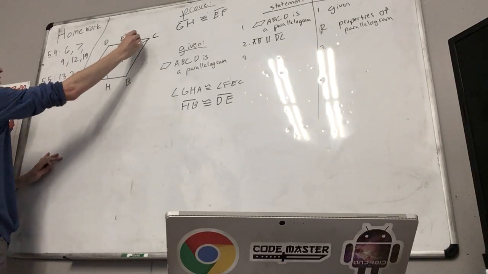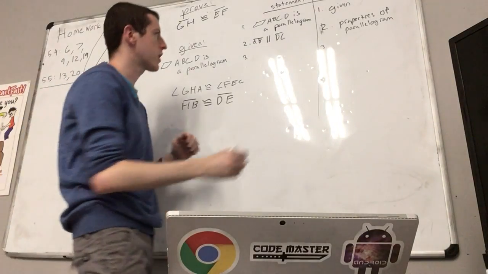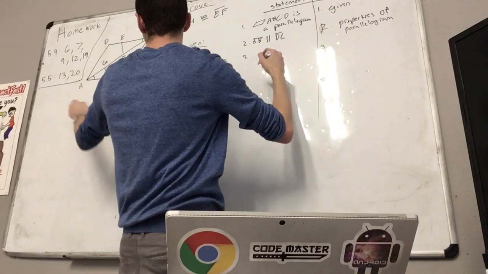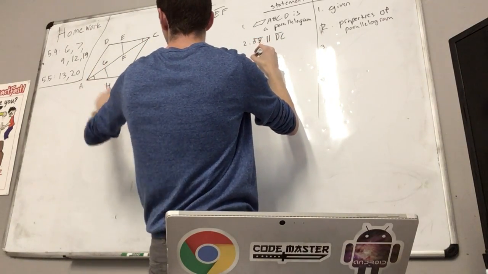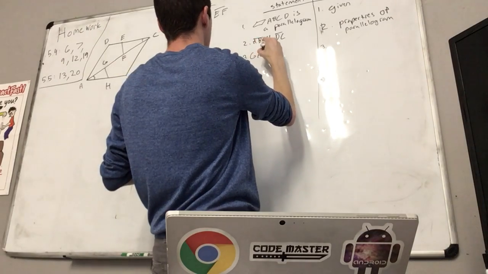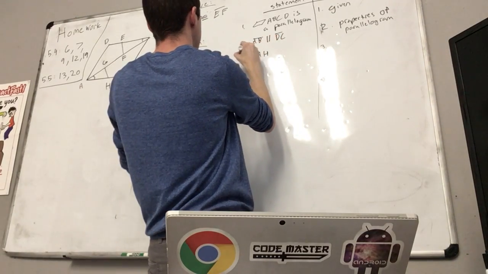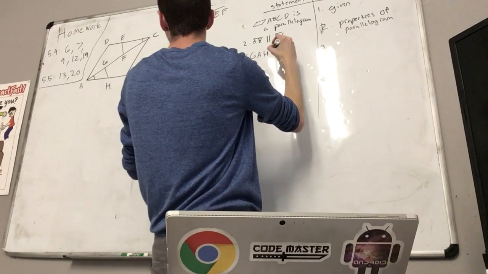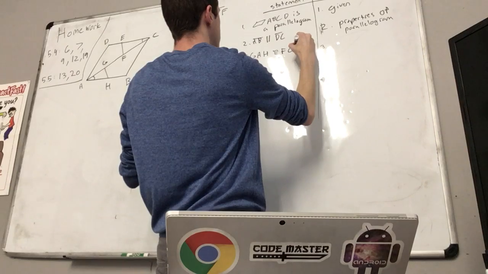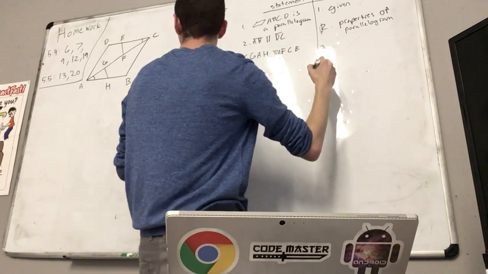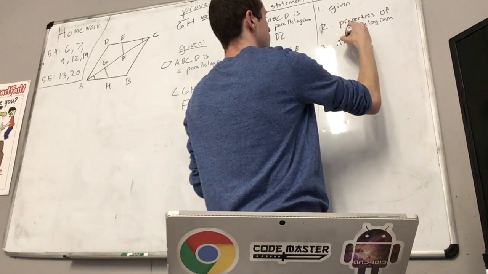Alternate interior angles, so they're congruent. So I'm gonna say that angle GAH is congruent to FCE, alternate interior angles.